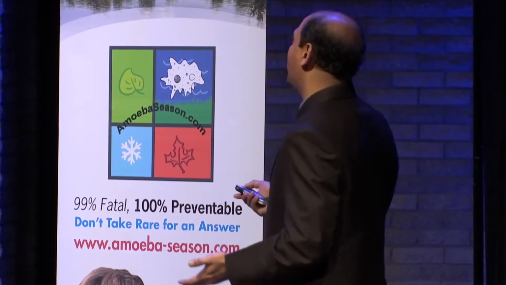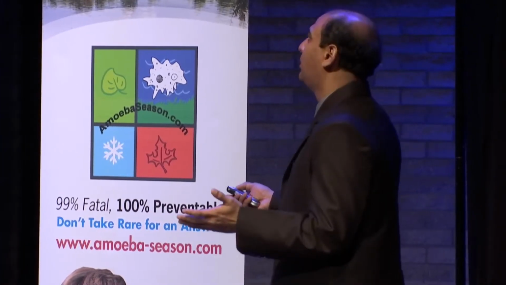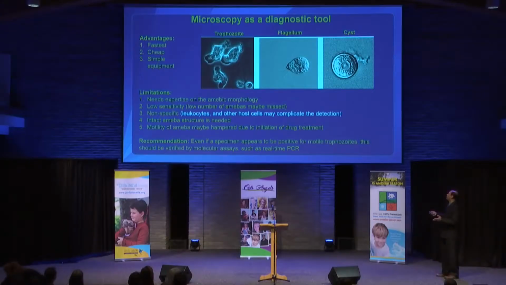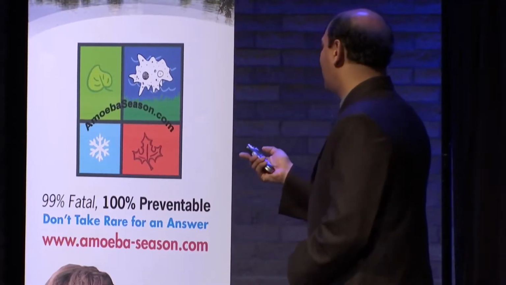Oftentimes, white blood cell leukocytes are misdiagnosed as amoeba, and you need to see intact amoeba or motility in order to diagnose by microscopy. So our recommendation is, even if a specimen is positive by microscopy, it should be verified by molecular assays, such as real-time PCR.